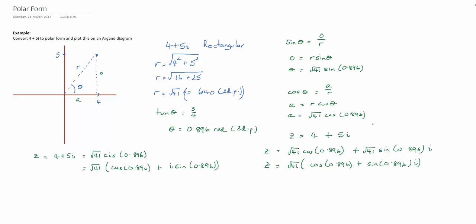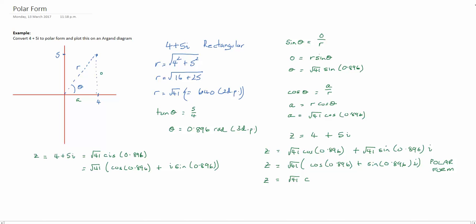And that is the proper polar form. So this is polar form. Now we usually write this in shorthand form, which is what I mentioned over here initially. So we've got root 41. Instead of writing cosine of this, we write c.